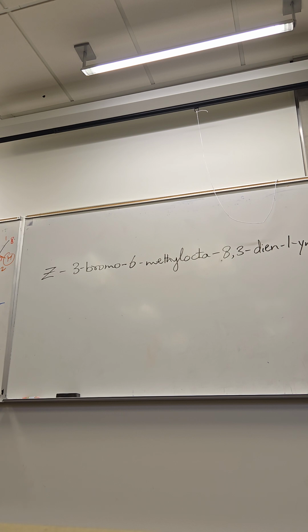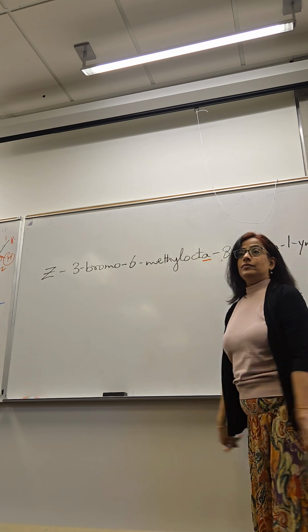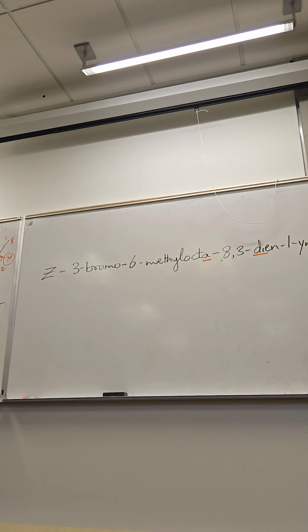Absolutely. Okay, let's try and draw this, please. Go ahead, give it a shot. Is the reason why the 8 is in front of the 3 on purpose? That's on purpose because there are 2 of those. If there is more than one of either double or triple bonds, you've got to include that a. No, I meant the number itself, the number 8 in front of the 3.